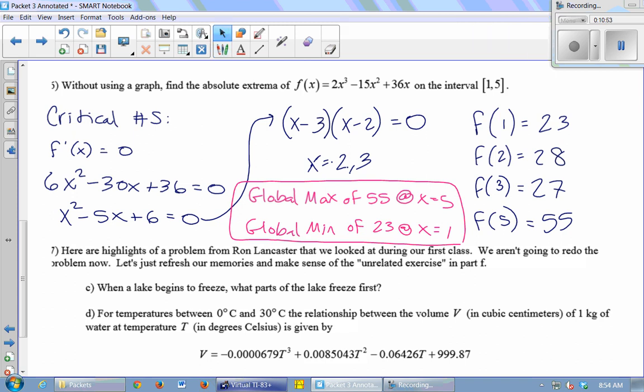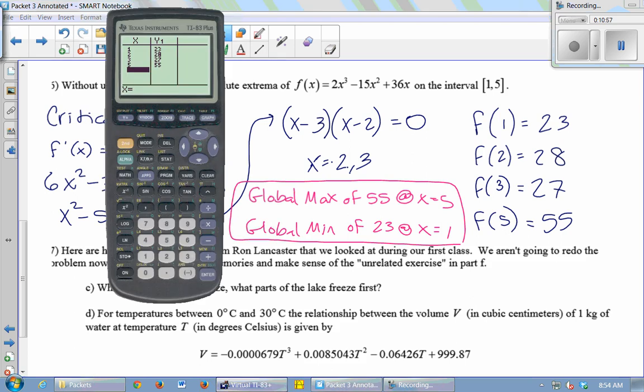So let's look at the graph of this thing and just make sure that this is right. My window, I'm only interested in the interval 1 to 5, so maybe I'll go 0 to 6, just so I can see everything. And my y values are like 23 to 55. I think that those are my global min and my global max.